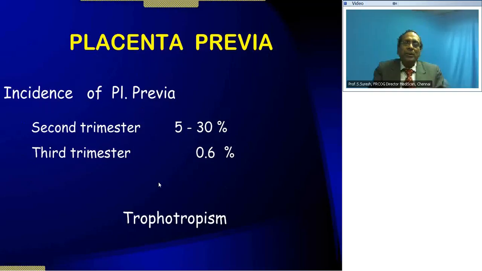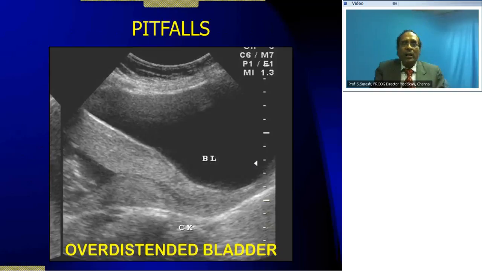So we can say that in early pregnancy, if you see, let's say in the second trimester, a fundal placenta, this fundal placenta will never ever become a placenta previa. If you see a placenta at the lower segment, then it can potentially migrate to the upper segment.